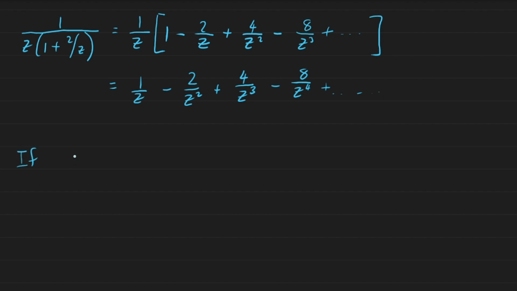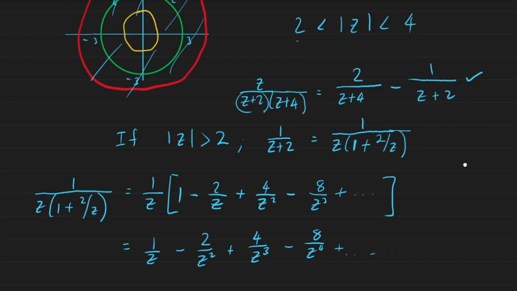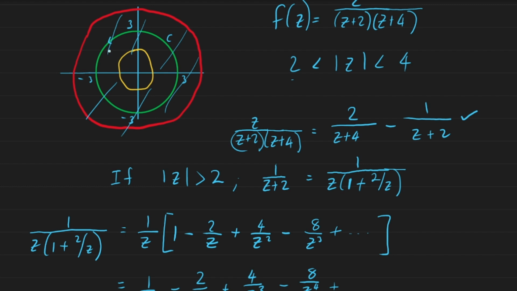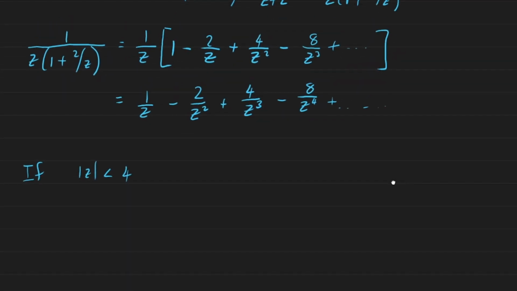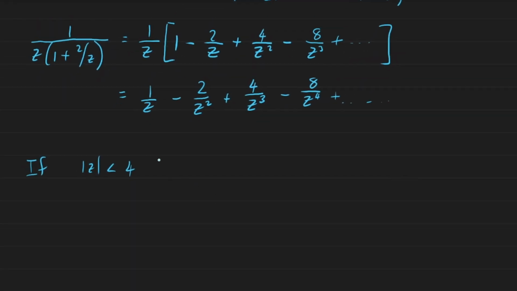So if z is less than 4, which is what we had said in this circle, there's our contour, there's the values of z, and we said that z is less than this red circle 4. Since that is the case, we can take that expression 2 over z plus 4, and take out 4 as the common factor in the denominator.